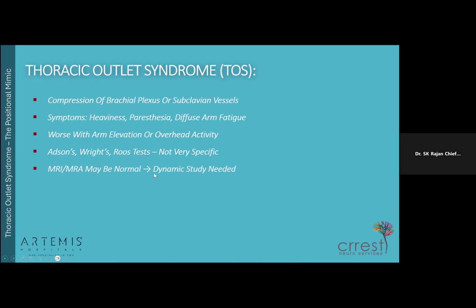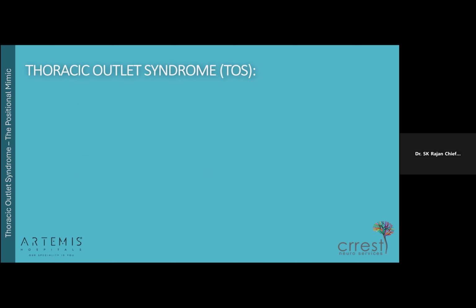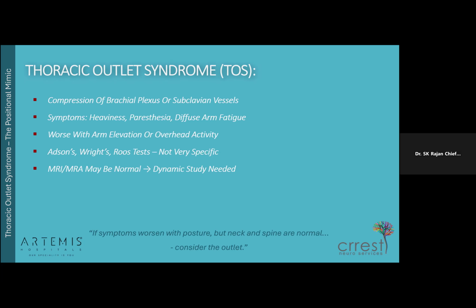MRI can give us an idea, but often it is normal, because you are not finding anything there. So posture is, as I said, the most important thing, and in general, it will require a detailed study of the MRI of the thoracic outlet area for us to be able to detect it properly.